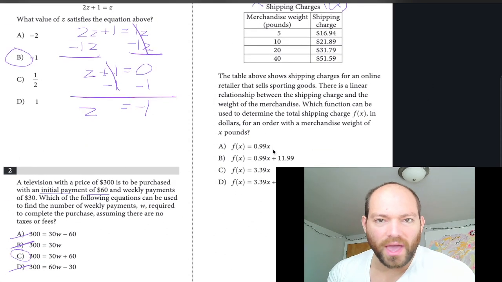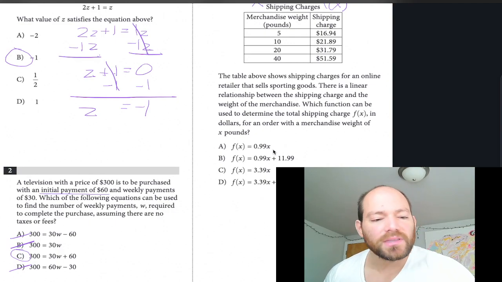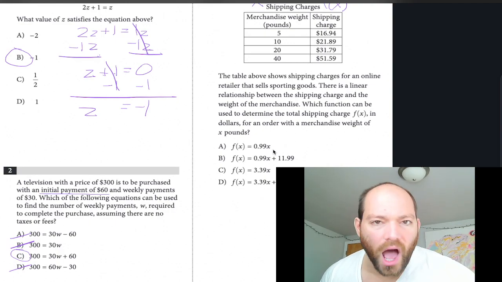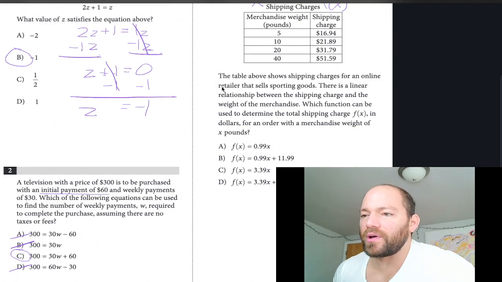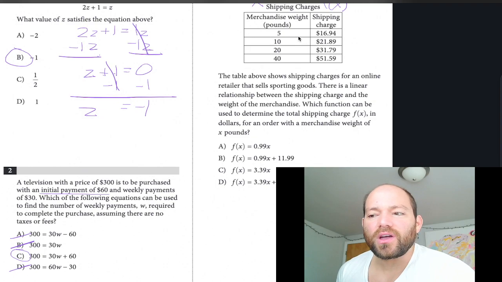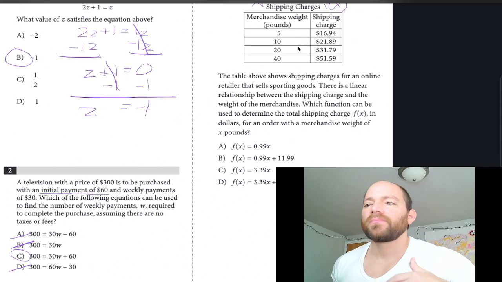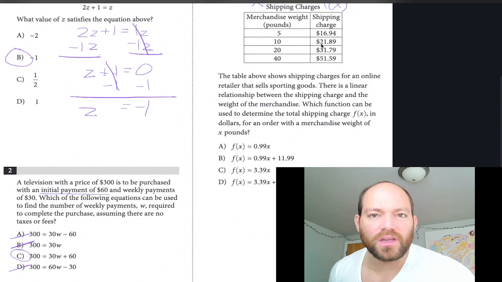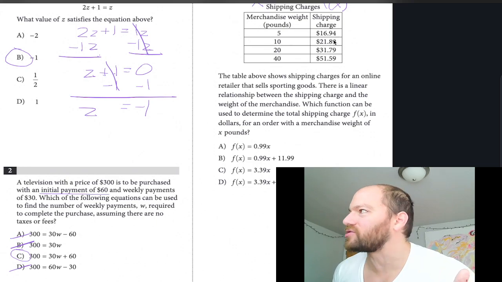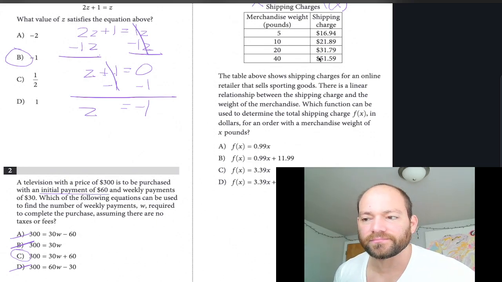Now, there's different ways people have of doing this. Let me tell you the way we're not going to do it. What we're not going to do is use the data up here to calculate the slope. That seems very challenging and annoying in a no calculator section. Look at these decimal points over here, right?